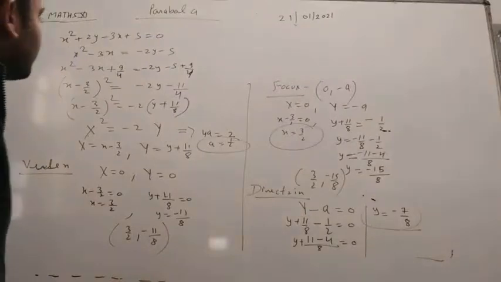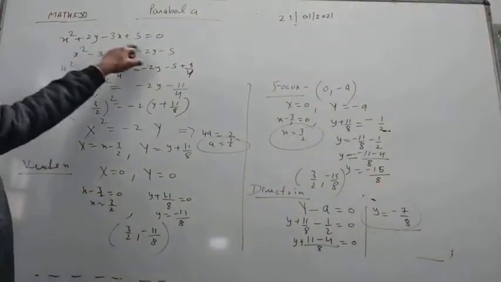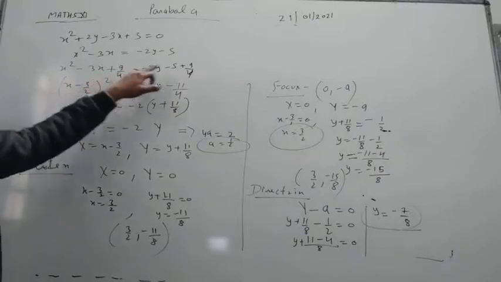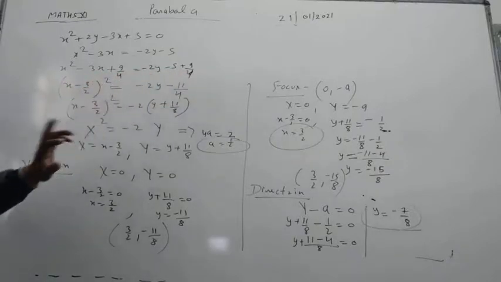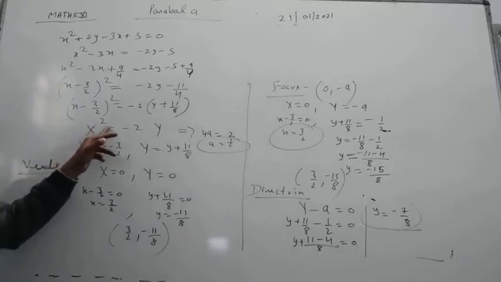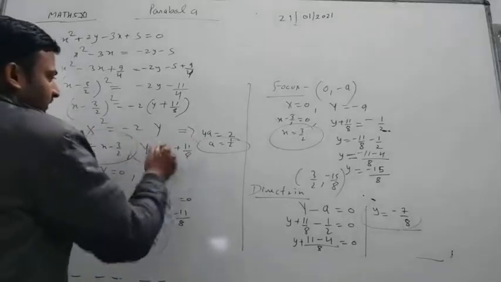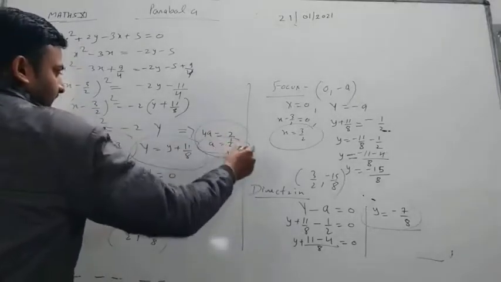Let's see once again. This is our question in which first of all we have changed this into the standard form. So we add this, make the complete square, and now we take this as capital X and this as capital Y. Comparing with 4a, we get a is 1 by 2.